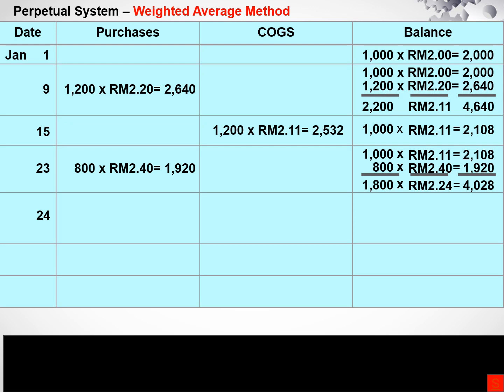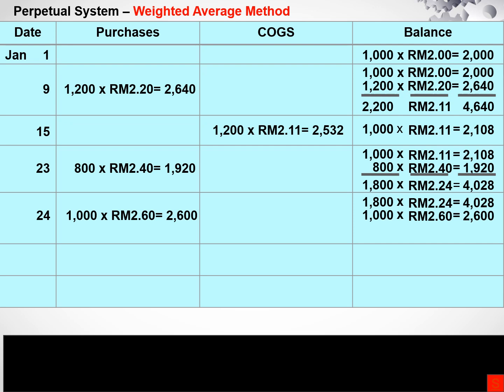On 24th January, purchase 1,000 unit times 2 ringgit and 60 equals to 2,600. So the balance are 1,800 times 2 ringgit and 24 equals to 4,028 plus 1,000 unit times 2 ringgit and 60 equals to 2,600.